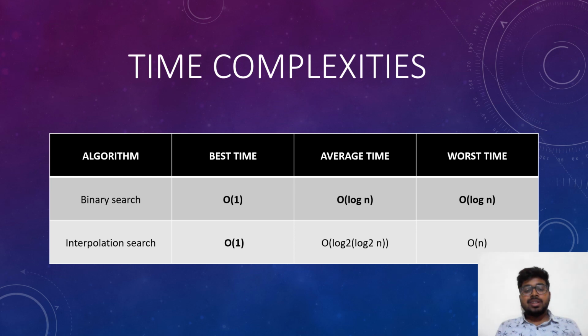As interpolation search always uses the probe formula, it always gets closer to the element, whereas in binary search that is not possible. The worst time complexity of binary search is the same as the average, that is big O of log n, whereas for interpolation search, the worst time complexity is big O of n, which is greater than its average time complexity.